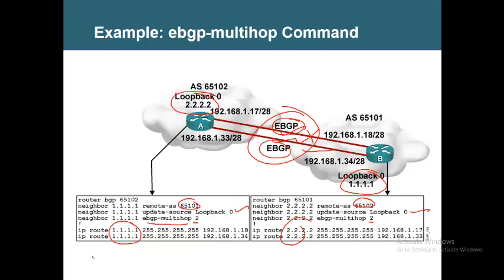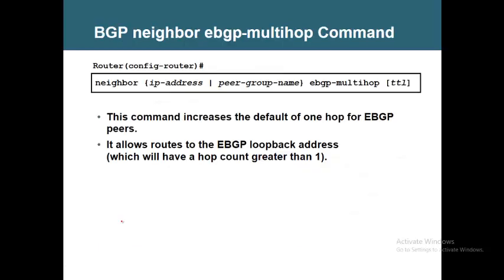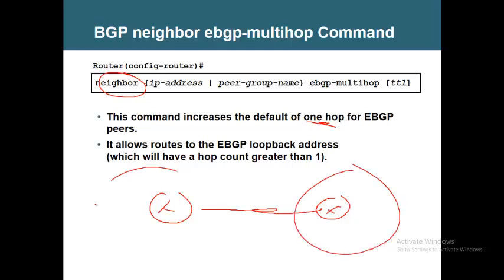It means that you are telling BGP that my EBGP neighbor is not just one hop, it's more than one hop. Listen carefully, this is a confusing thing, and many people don't have a clear understanding of this topic.